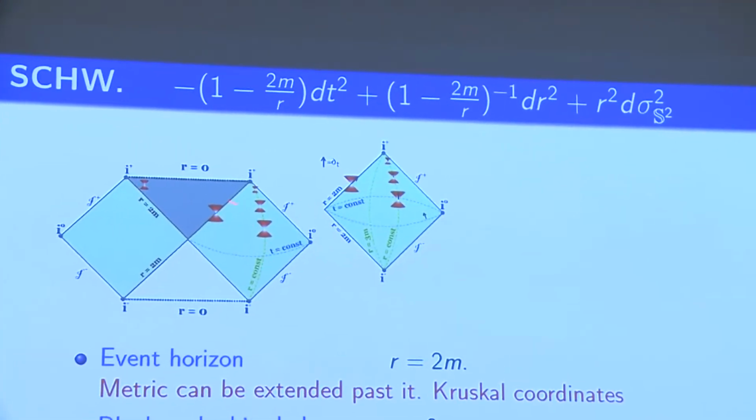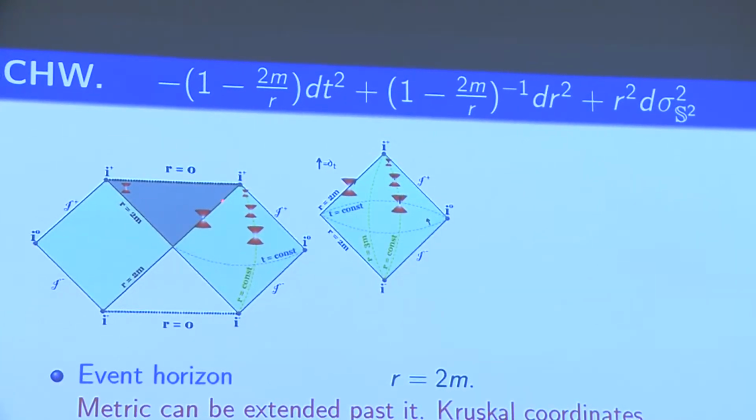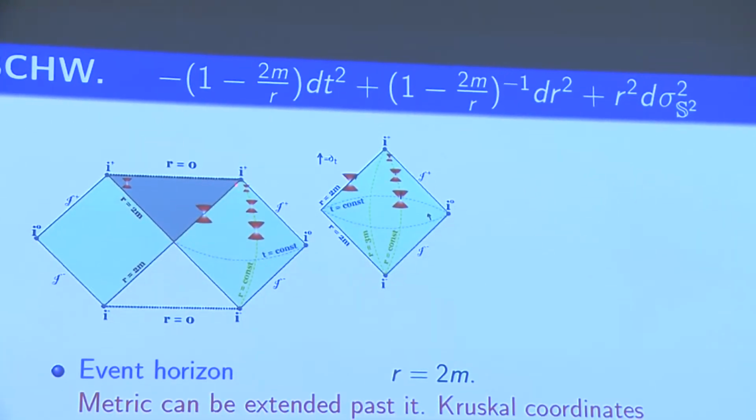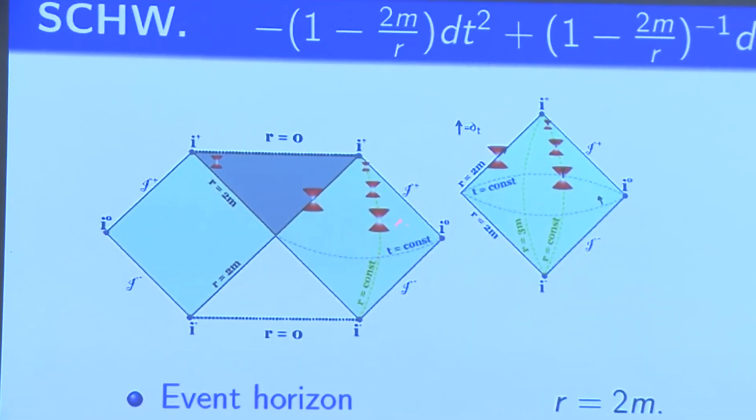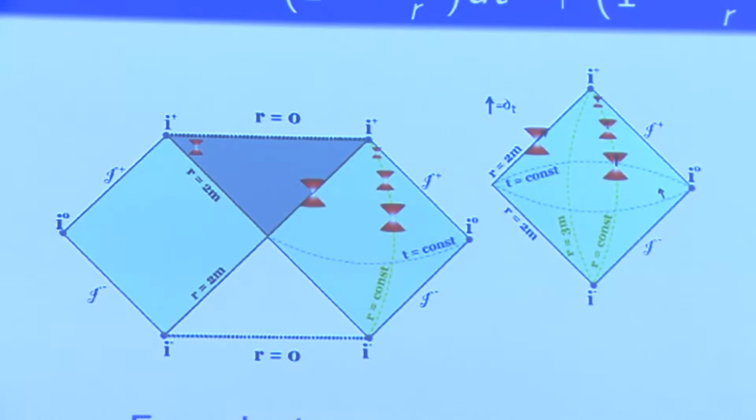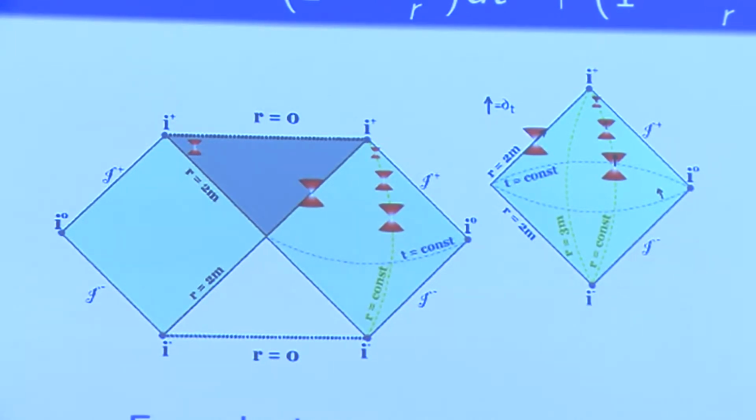It turns out that you can actually extend the solution, and in fact, r equal to 2m is just the boundary between the so-called black hole and the exterior region. If you've never seen these kind of Penrose diagrams, you might be a bit confused.